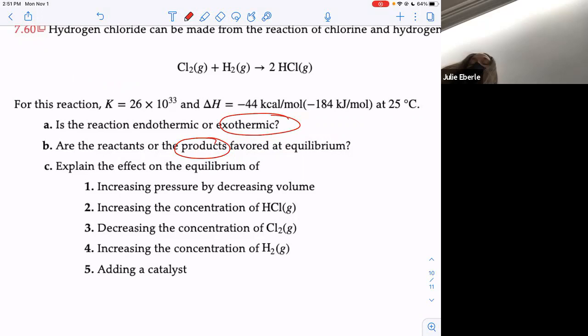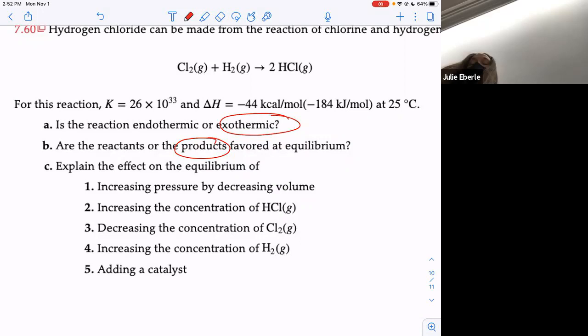Well, what do I need to do? We're just increasing pressure on the whole system. What did you say? Look at the moles of what?